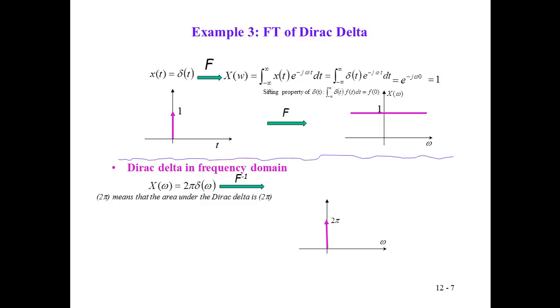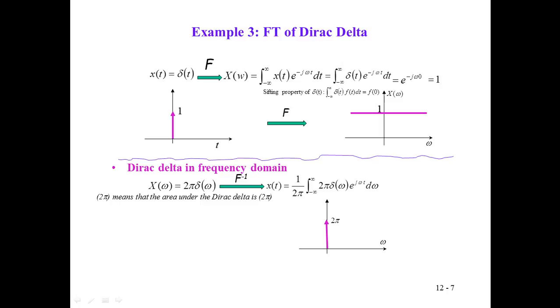And taking the inverse Fourier transform by writing the inverse Fourier transform integral, that is 1 over 2π from minus infinity to plus infinity, and in this integral we substitute X of omega by this Dirac function, 2π δ(omega).